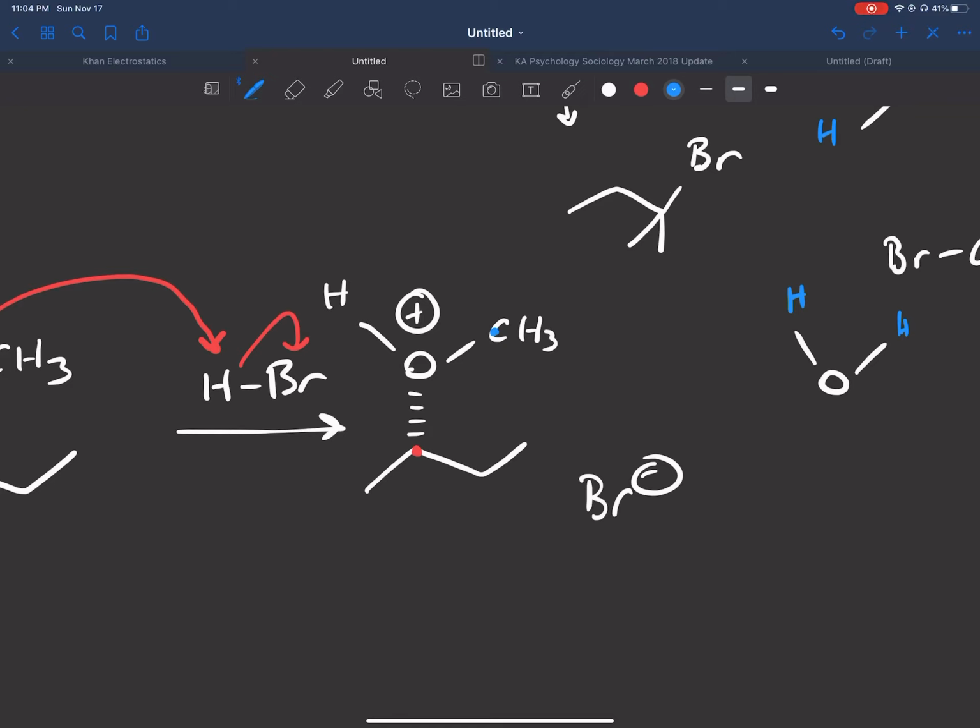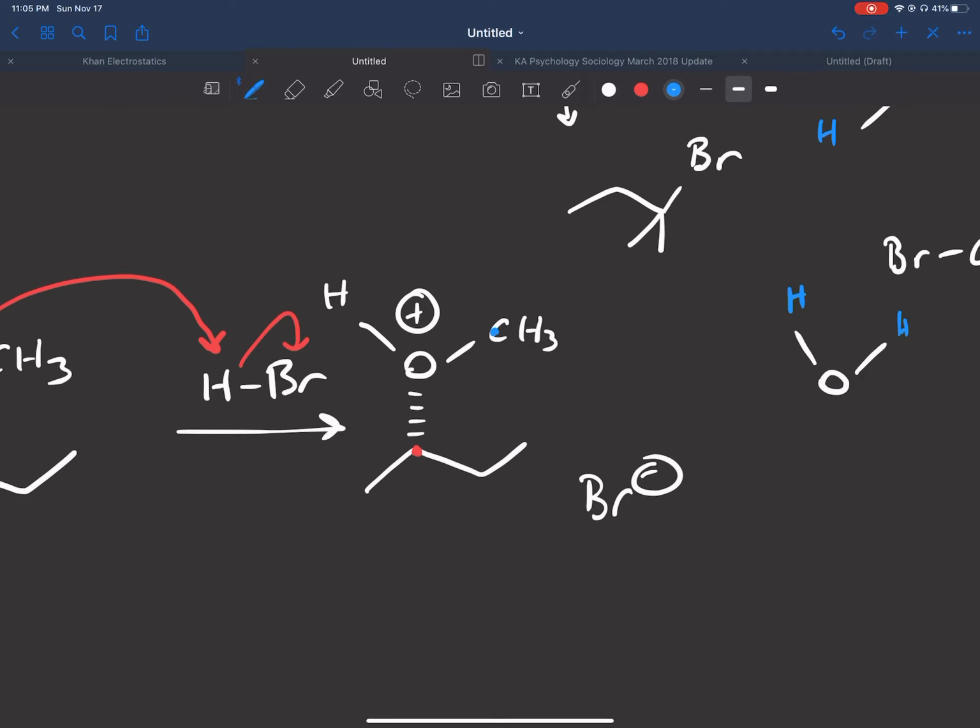So that means we can either have this leave and generate a secondary carbocation. We know that here this is not going to just break on its own because we're not going to get a methyl carbocation, but we could have an SN2 here to cause that. So which one is it going to be? It's much more favorable for an SN2 mechanism on a methyl than it is for a secondary carbocation to form, right?